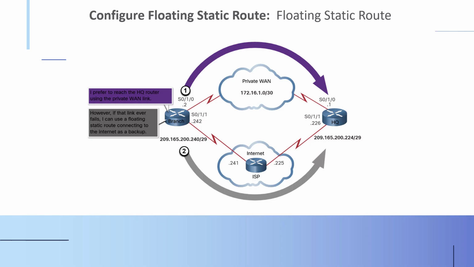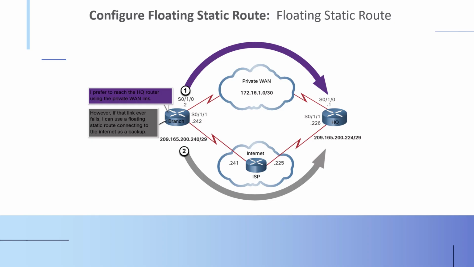Then a floating static route with an administrative distance of 91 or higher could be configured to serve as a backup route. If the private WAN link fails and the EIGRP route disappears from the routing table, then the router will select the floating static route as the best path to reach the headquarters LAN.